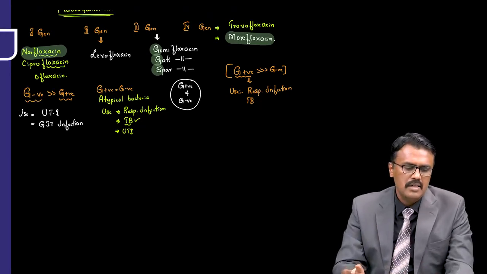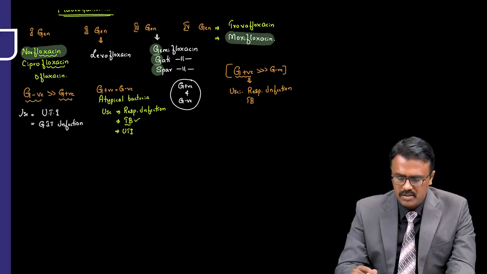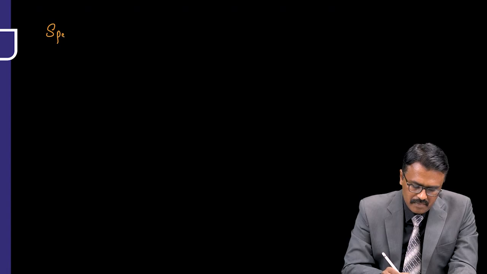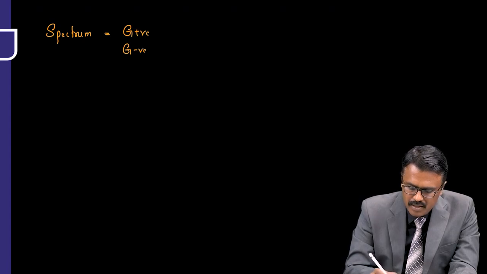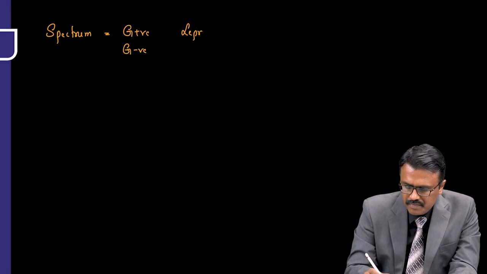So let us understand certain specialities of these drugs, some of the specialities that can be asked in the exams. Now coming to the spectrum. Spectrum of activity: they can affect gram positive, gram negative, they can also cover leprosy, and they can also cover TB.